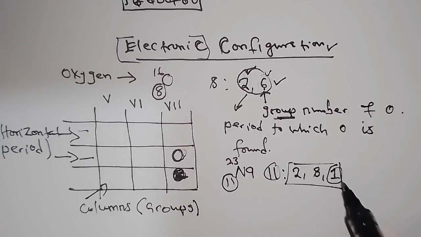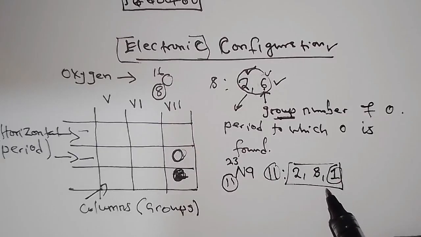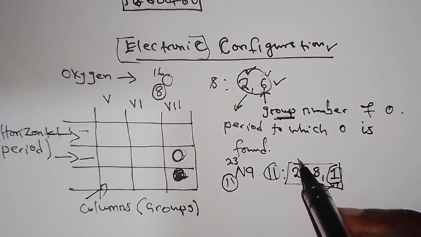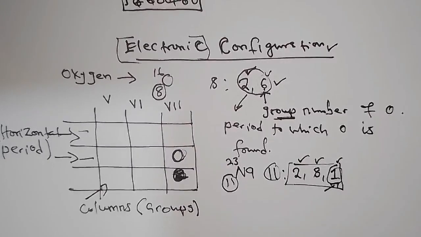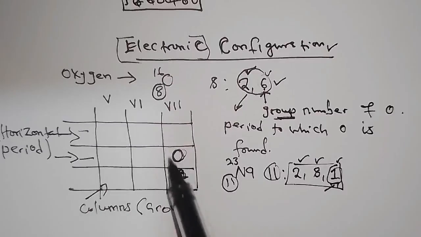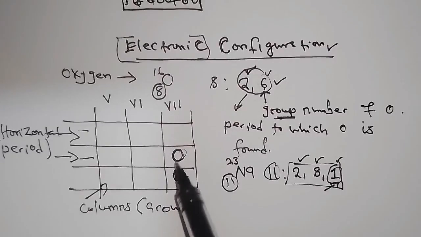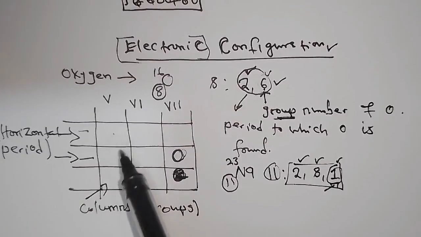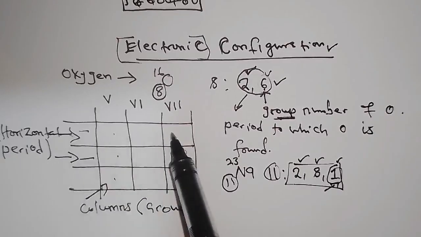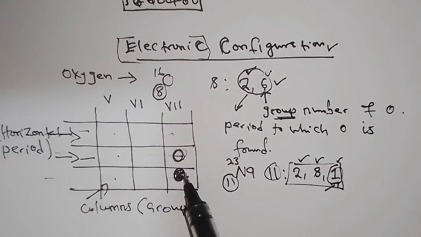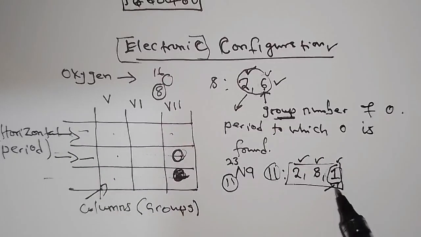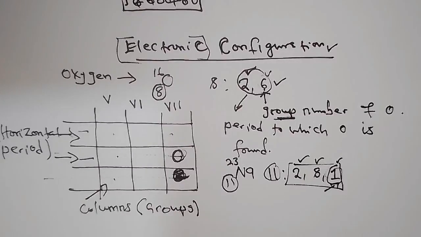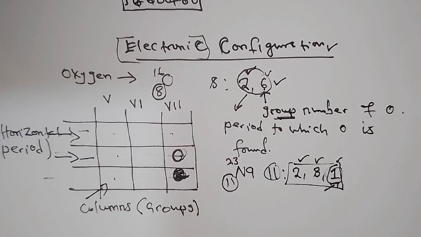The last number is a group, and these partitions tell you that sodium is in period 3. So sodium is just after oxygen, under this, but in group 1. The last number is the group number. Okay, so thank you so much. That is how you can go about electronic configuration.